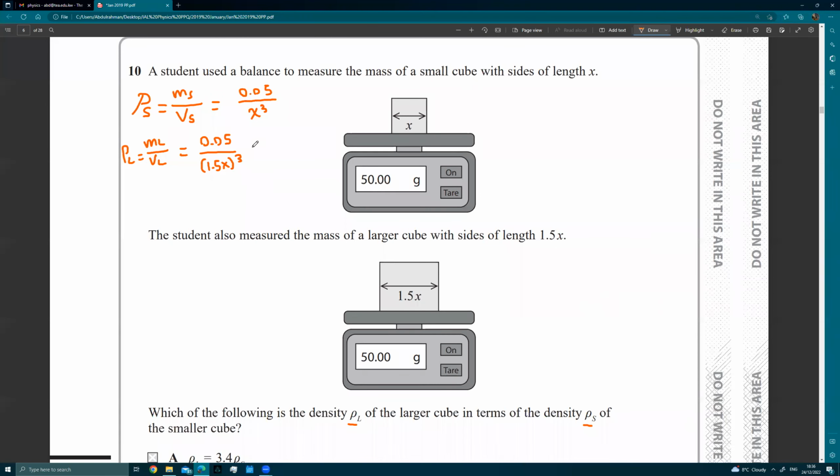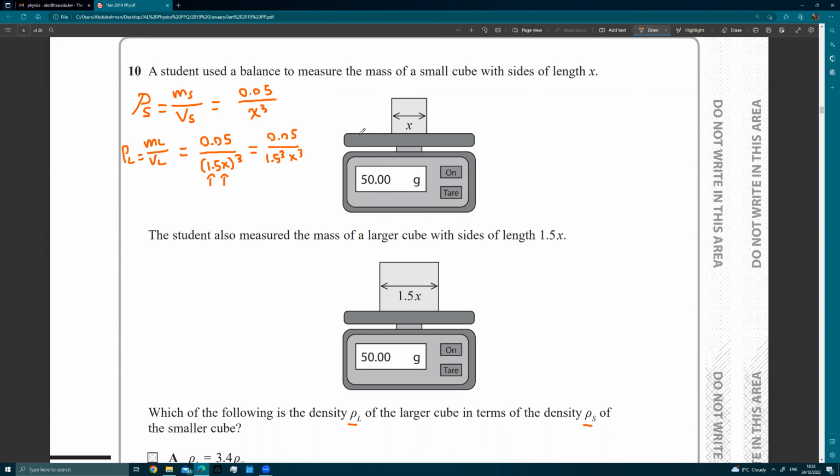Let's simplify this expression. This is equal to 0.05 over, let's cube the 1.5 and also cube the x, which gives me 1.5 cubed x cubed.